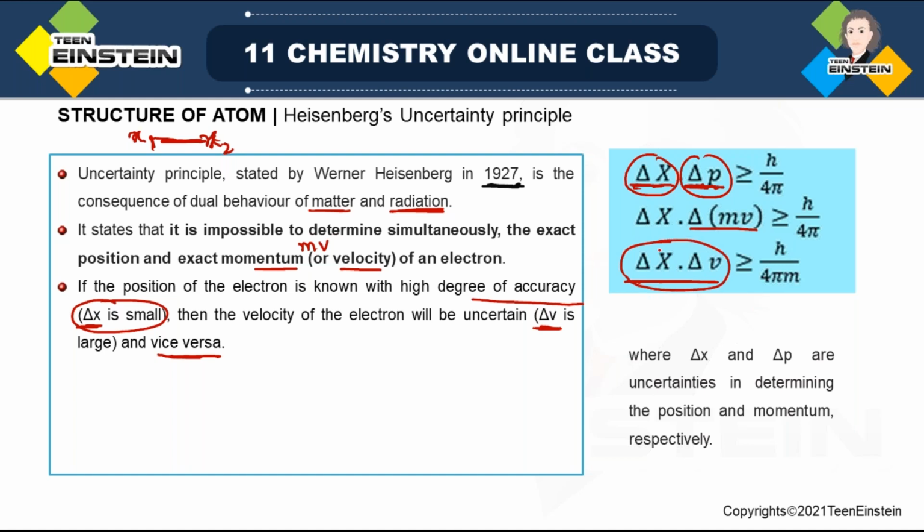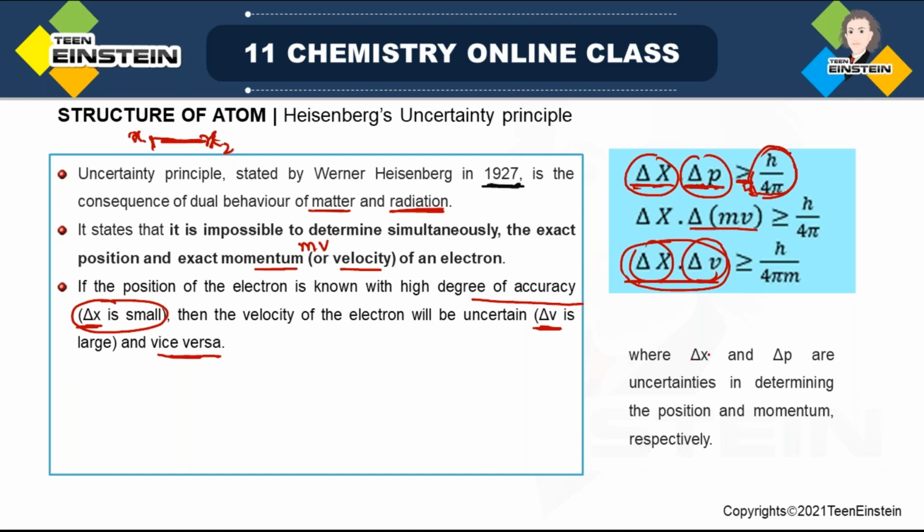If you multiply these two ranges, it will always be equal to or greater than h by 4 pi. Now this is a constant, but when you put m here, depending on what particle you have taken, del x into del v is equal to or greater than h by 4 pi m. Individually these are called uncertainty in position and uncertainty in velocity. If you multiply these two uncertainties, the product is greater than or equal to h by 4 pi m.